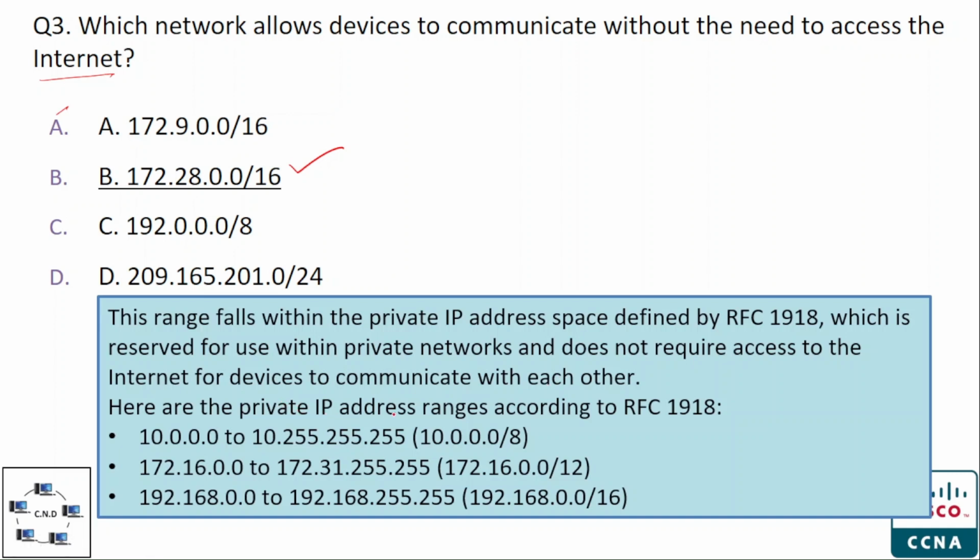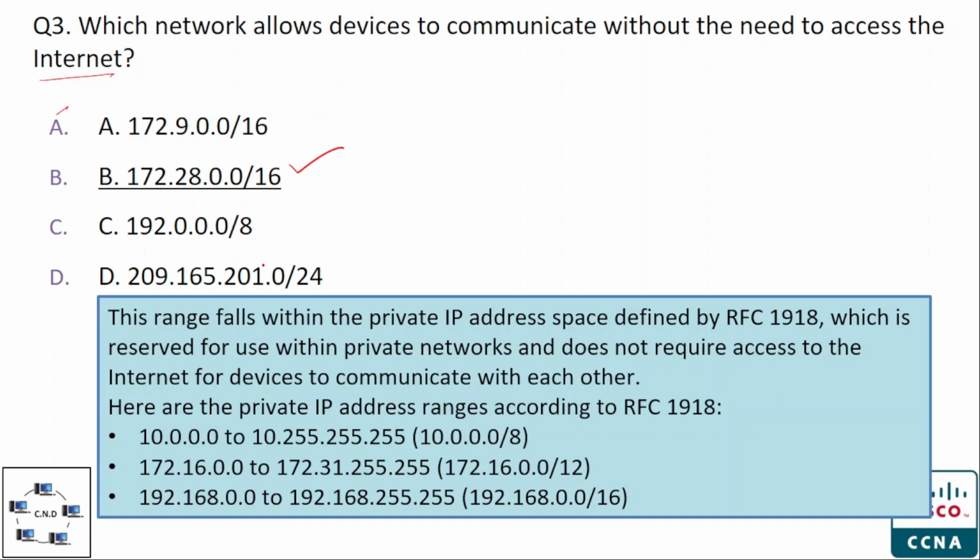Here are the private IP address ranges according to RFC 1918. The first is 10.0.0.0 to 10.255.255.255, which is 10.0.0.0/8. The second range is 172.16.0.0 to 172.31.255.255.